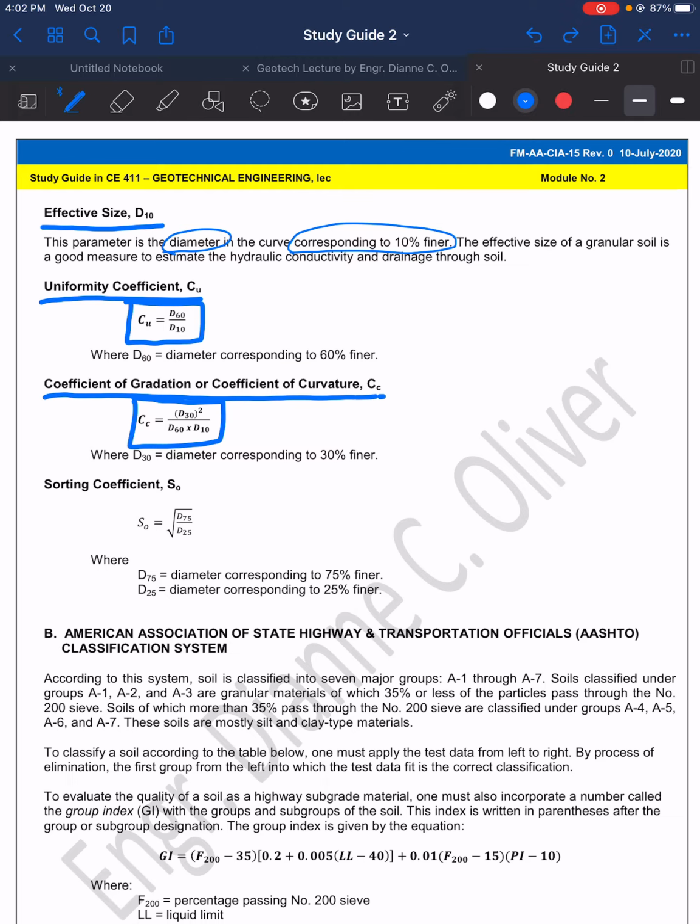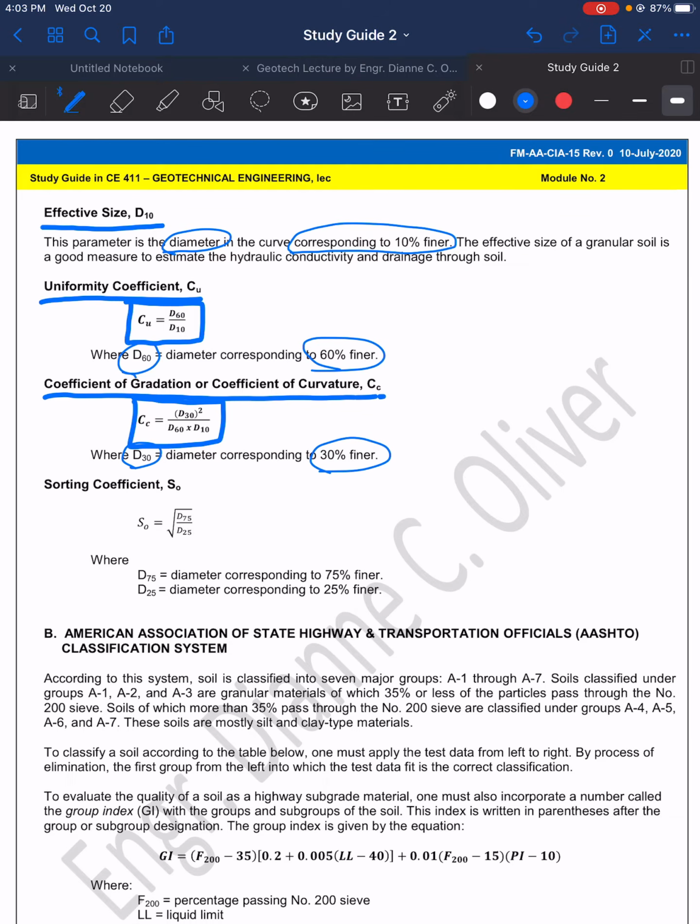Same is true with the D60 and D30. D60 is the diameter that corresponds to the 60% finer, and D30 is the diameter that corresponds to the 30% finer.